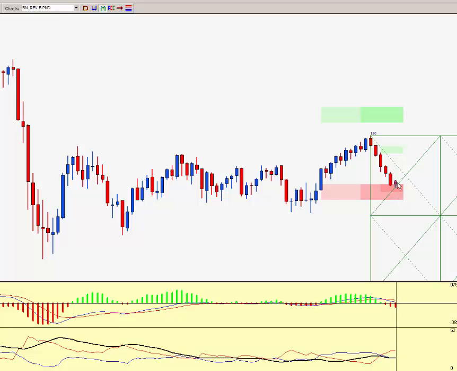So we should see some kind of a rally, perhaps up until around the January-February point here, perhaps. But right now, for the short term, this is looking pretty good as support for the current lows in December.